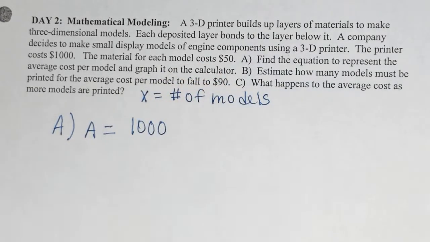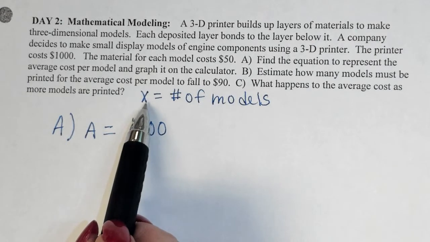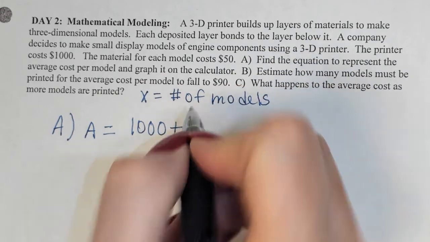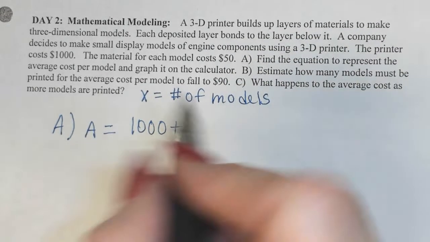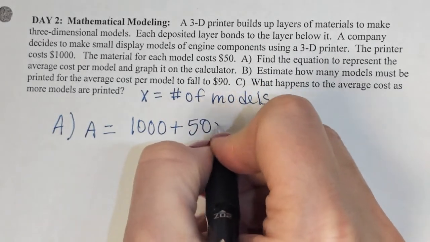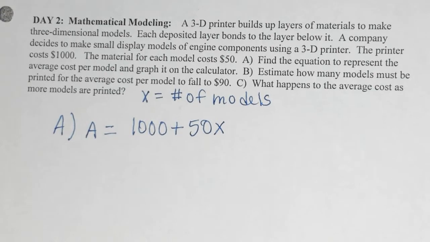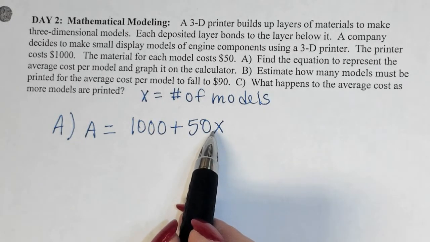So I have to pay $1,000. Do I have to pay $1,000 times x, or just $1,000? Just 1,000. Plus, how much am I going to have to pay? 50x, right? $50 to buy the materials for each one of the models. That would be our total cost for all of the models.